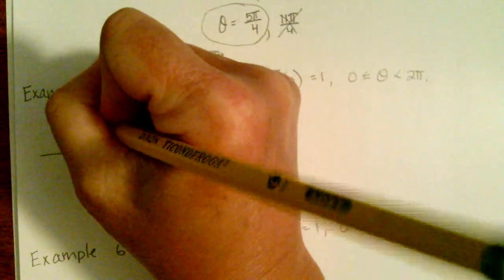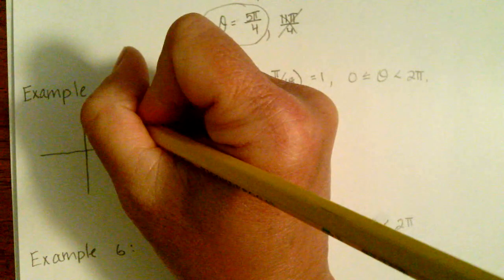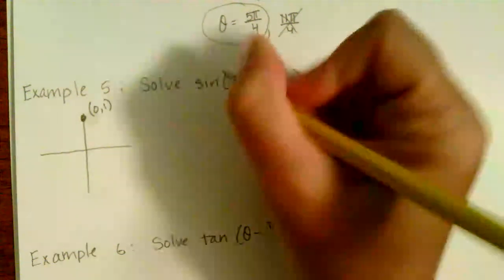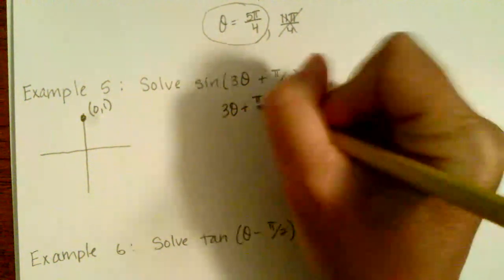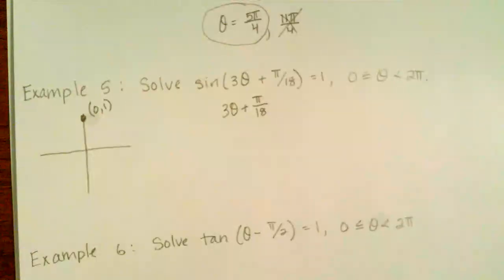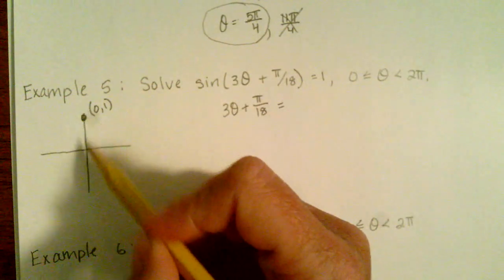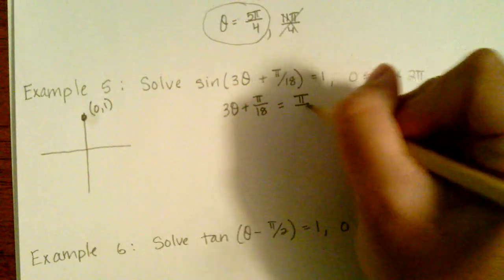I think you'll recognize that it's on the y-axis at the point 0, 1. Okay, so this argument, what's inside the parentheses, needs to equal the angle that corresponds to that. And that is pi over 2.